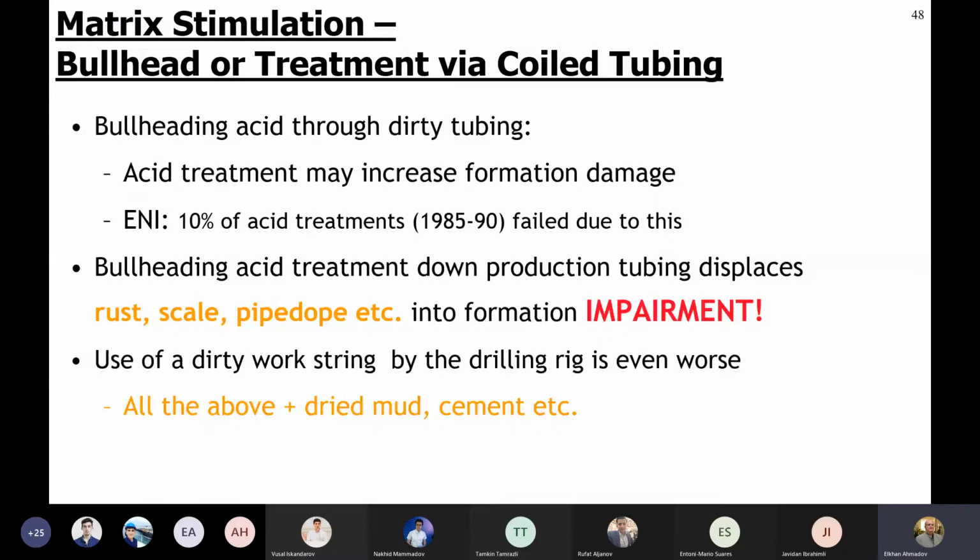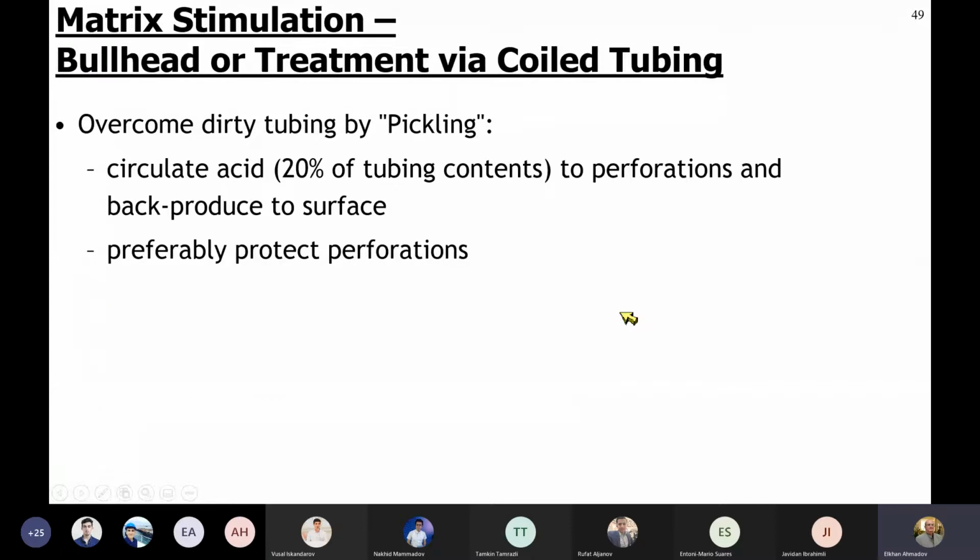Therefore, working with the bullheading, we have to make sure that we have cleaned the existing tubing in the well with the circulation of acid within the wellbore down to perforations and back to the surface.